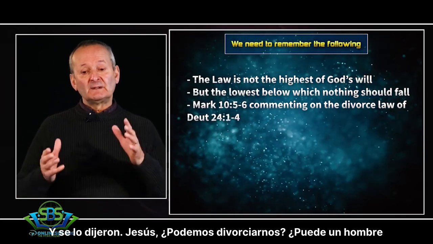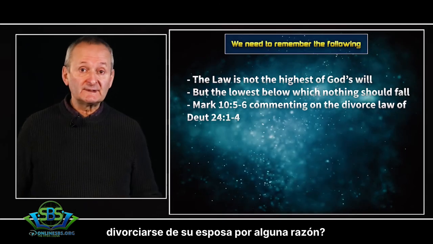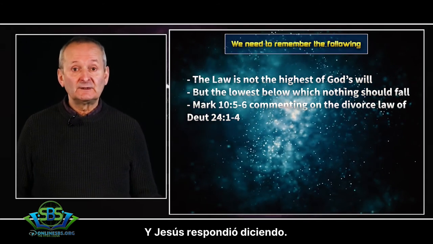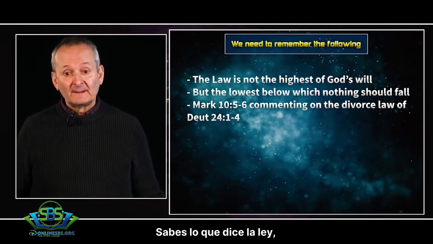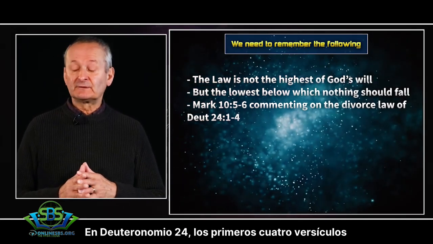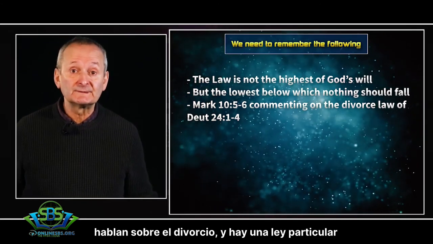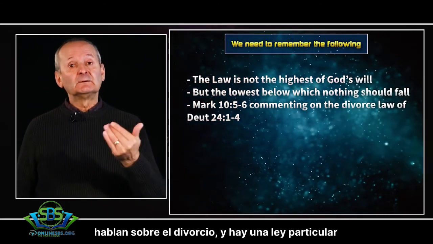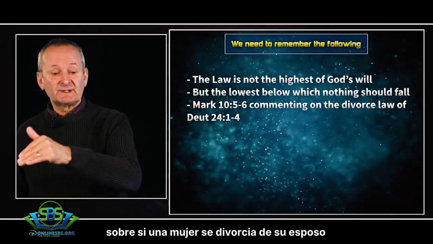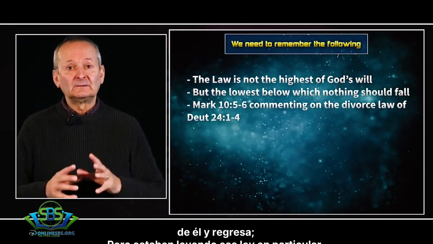And they said to him, Jesus, can a man divorce his wife for any reason? And Jesus responded by saying, you know what the law says. And what he was referring to is what we find in Deuteronomy 24. The first 4 verses talk about divorce. And there's a particular law there about if a woman divorces her husband and marries someone else and then divorces him and comes back, and it's all a little bit of an interesting law.